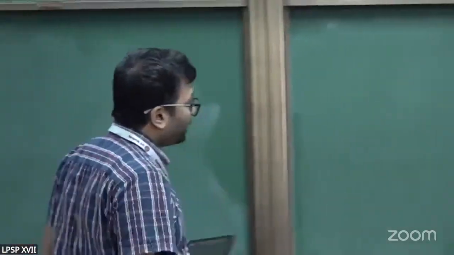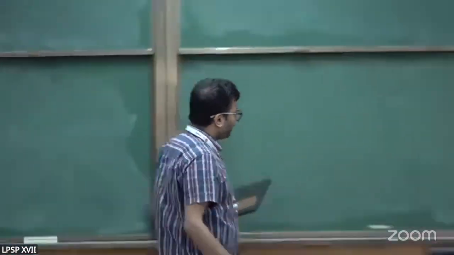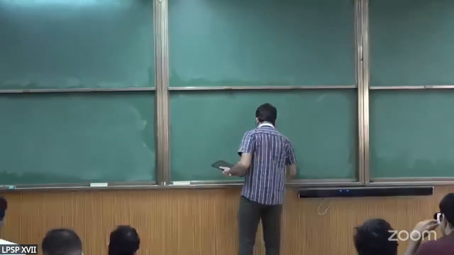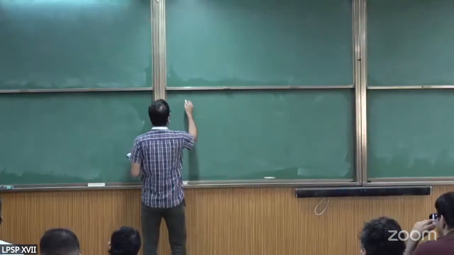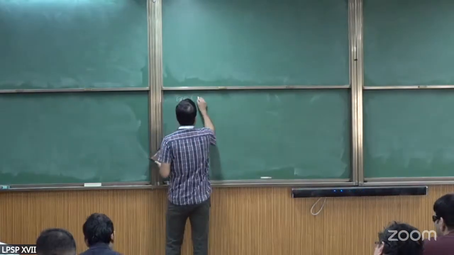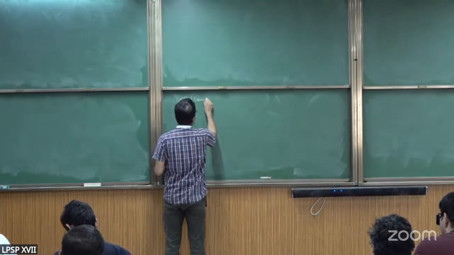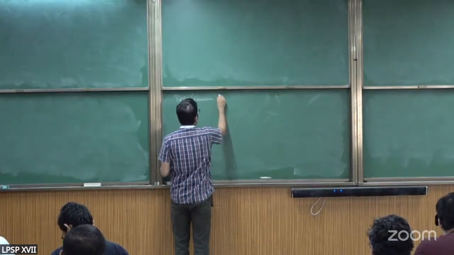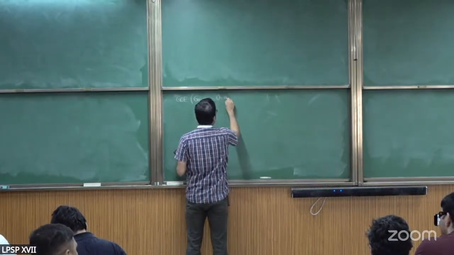So today I want to tell you about the tensor analog of the GOE. So remember last time we looked at this Gaussian orthogonal ensemble.